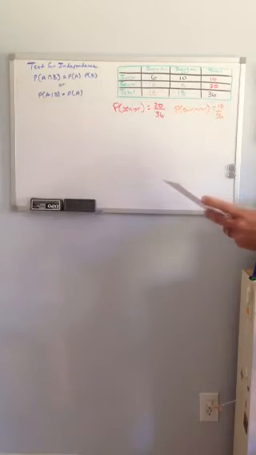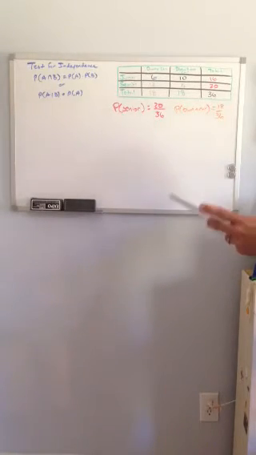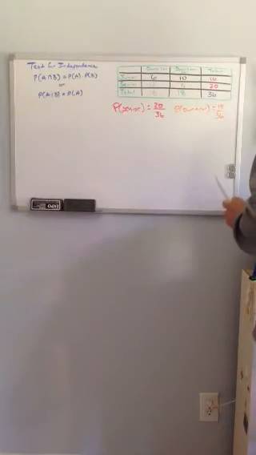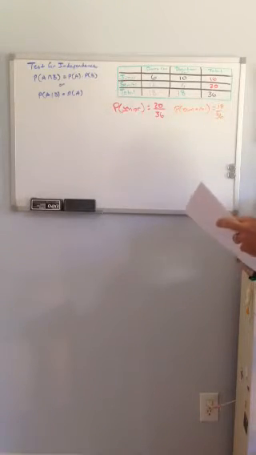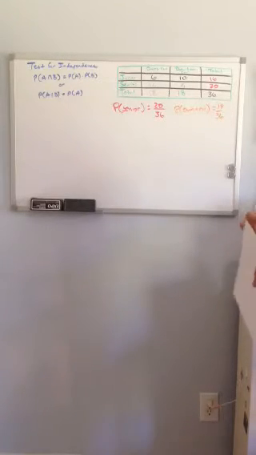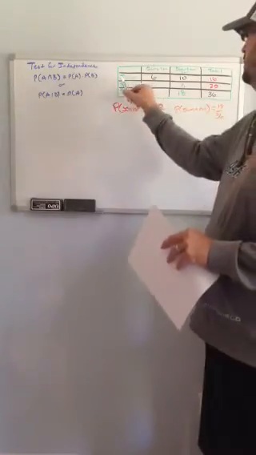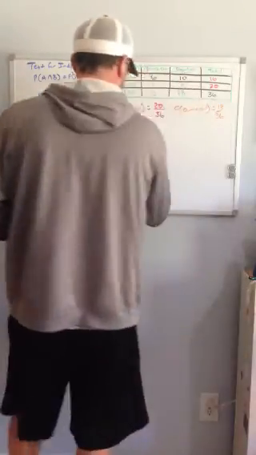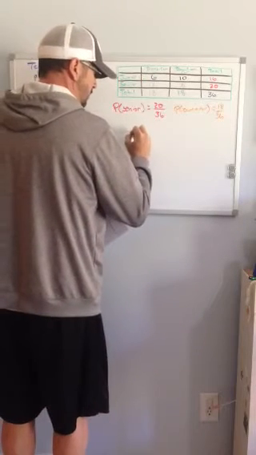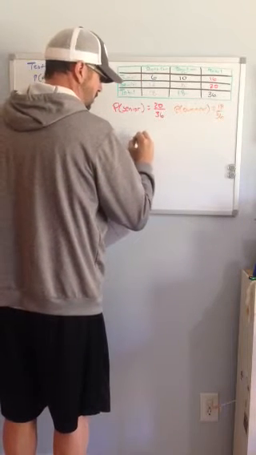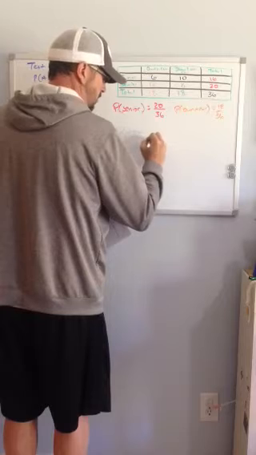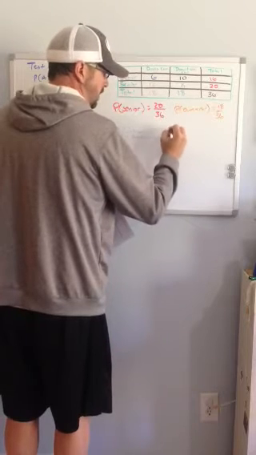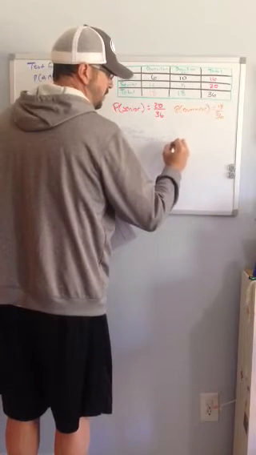Third one, probability student chosen is a junior and owns a car. If we're looking at a junior and owning a car, we're looking for where those two sections meet. Junior owns car, that's 6. So probability of junior owning a car, that is our 6 out of 36.